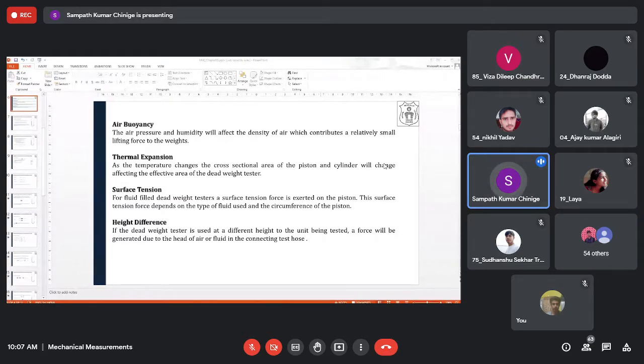So for every measurement system, we will always look at the steady state part as well as the dynamic part. It helps us optimize the system for attaining the steady state very quickly, so that you will be able to take the readings properly.